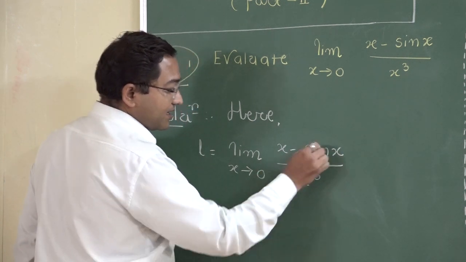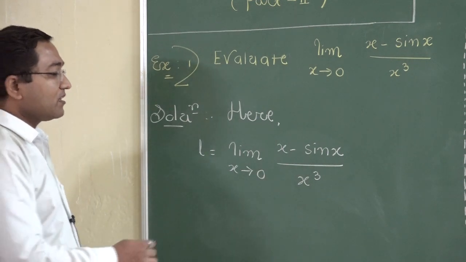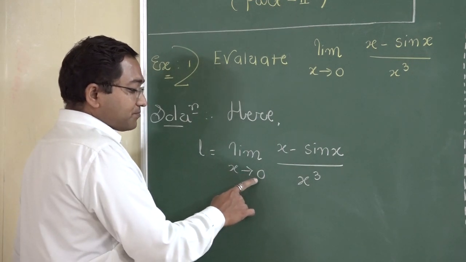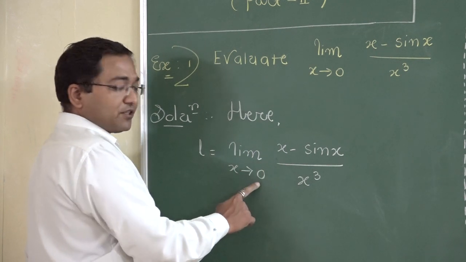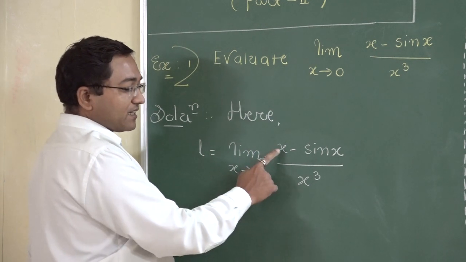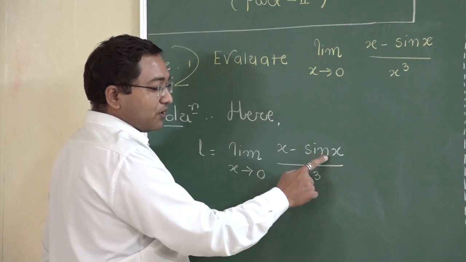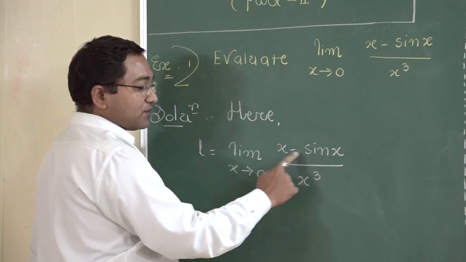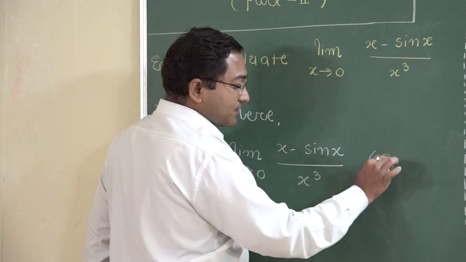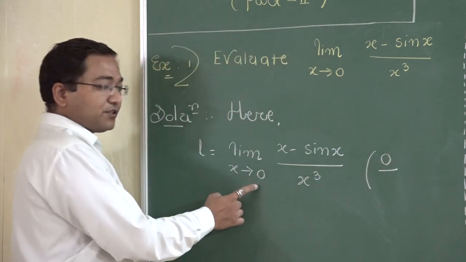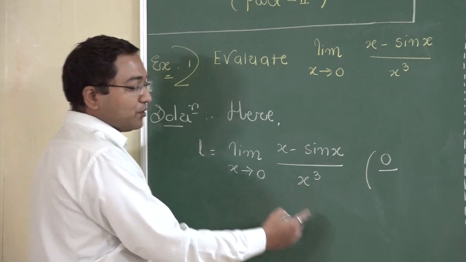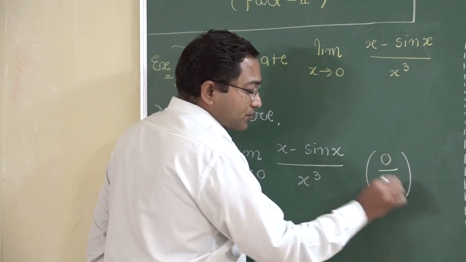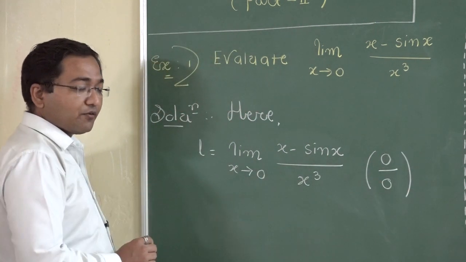Observe that in the numerator, substituting x equal to 0, we get 0 minus 0, because sin 0 is 0, so that is 0. Substituting x equal to 0 in the denominator, 0 cube is nothing but 0. So that is the 0 upon 0 form.